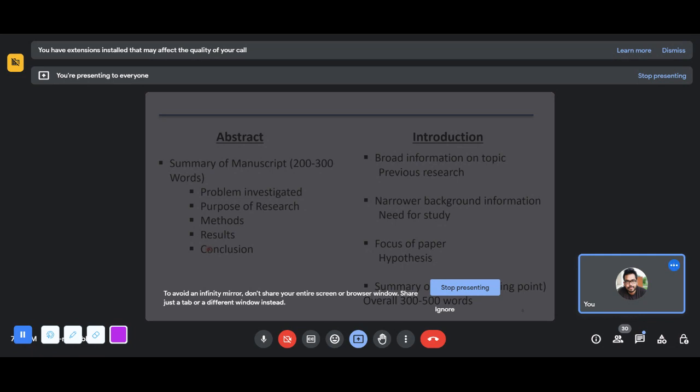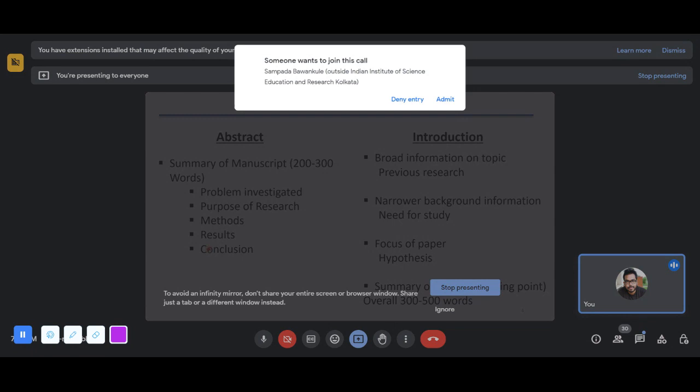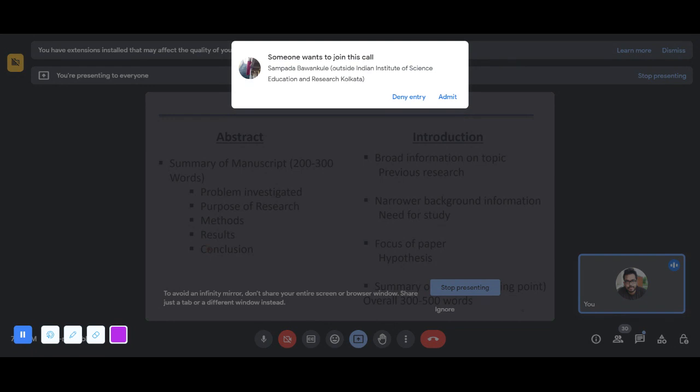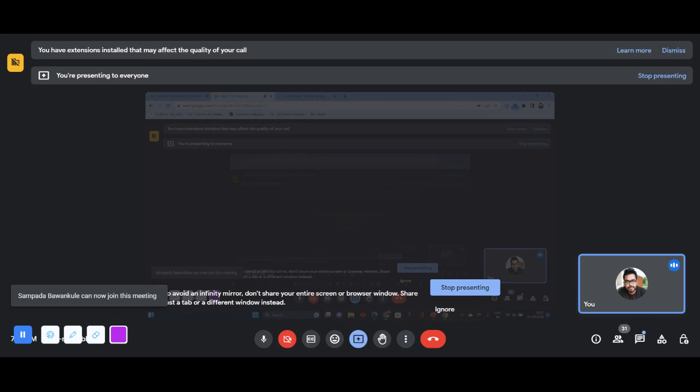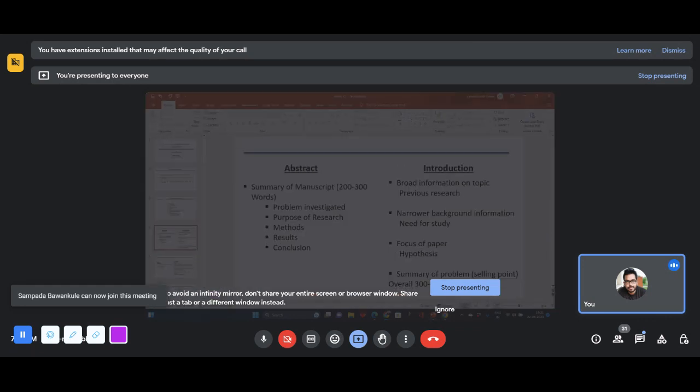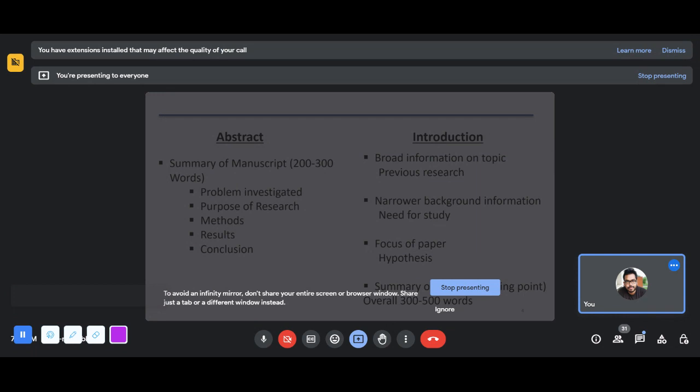So it has to be very crisp, and it should convey whatever you have done, because you have to remember that whenever you open a journal or a site, unless you have a subscription, you will not be able to open the article, right?